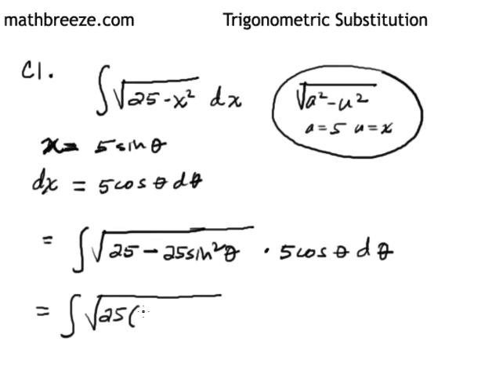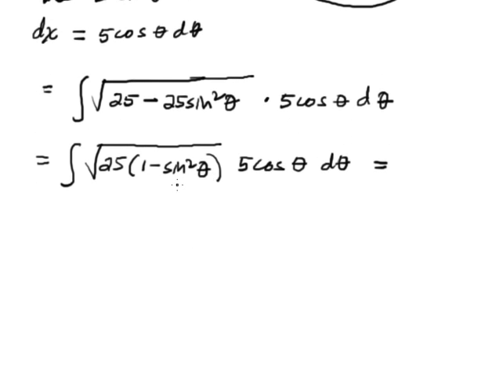So here we have 25, 1 minus sine squared theta. Let's see, 5 cos theta d theta. And of course, we'll replace 1 minus sine squared theta with cos squared theta. That was the whole purpose in doing this trig substitution, so we can get to that point.